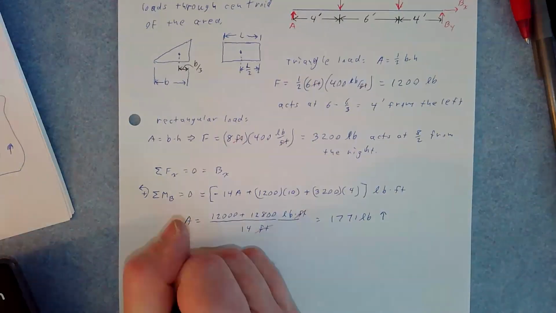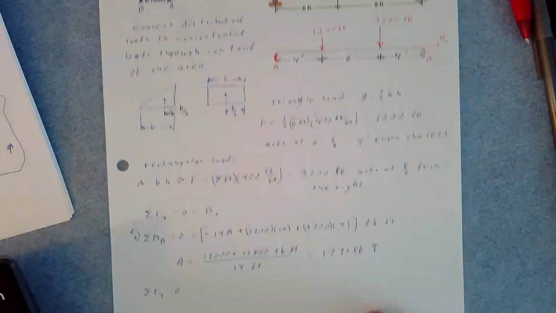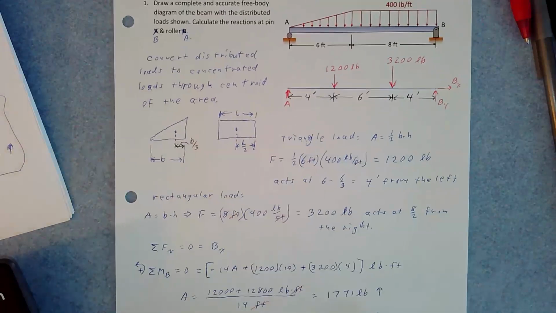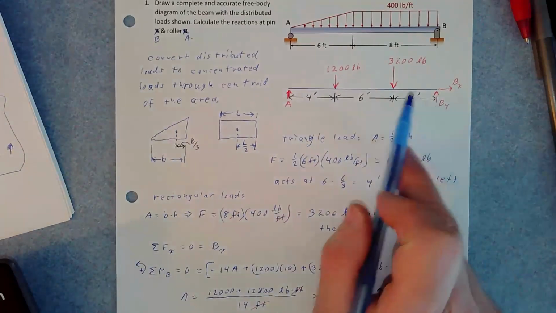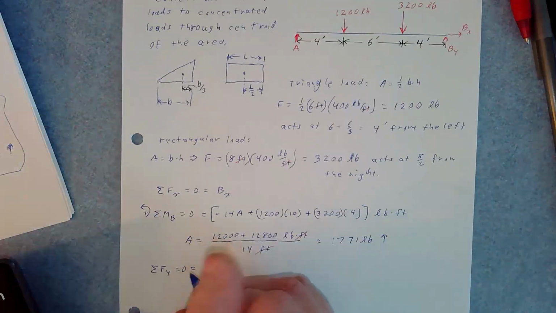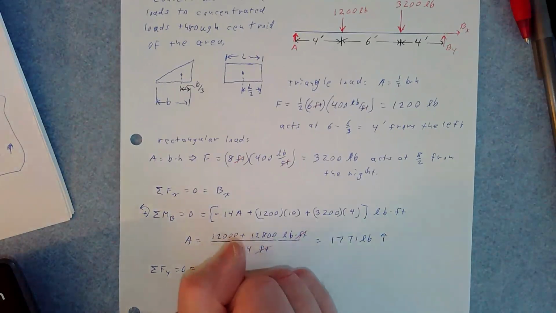And then finally, we're left with the sum of the forces in Y equals 0. So we know what A is, right? A is 1,771 pounds up. By is unknown. These two are known. The sum of the forces in Y is going to give us a lot of information here. So let's see, pointing upward, we have By, right?